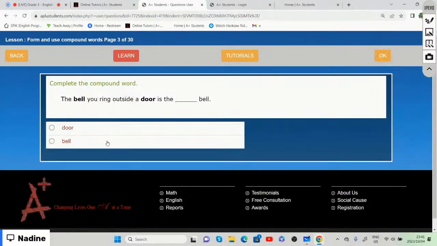The bell you ring outside a door is a what bell? Is it a doorbell or a bell? So the bell you ring outside a door is a what?